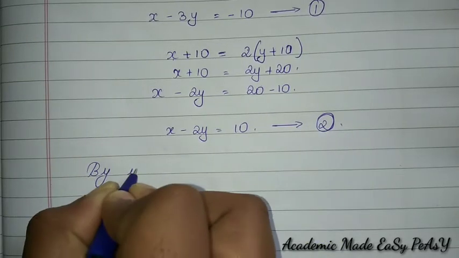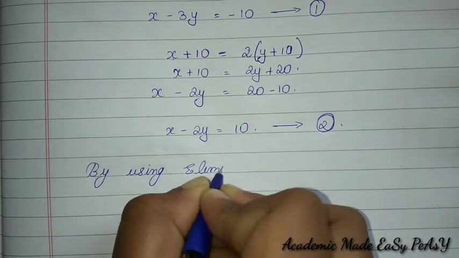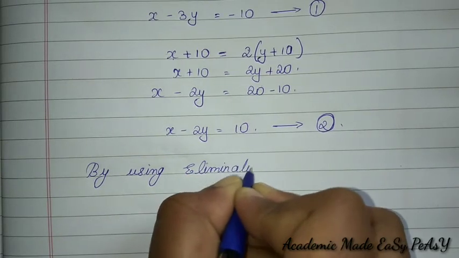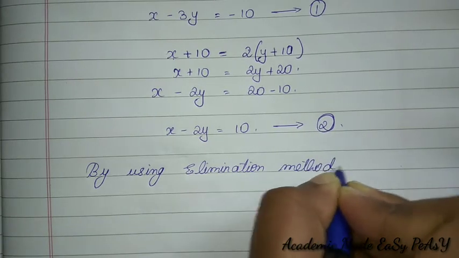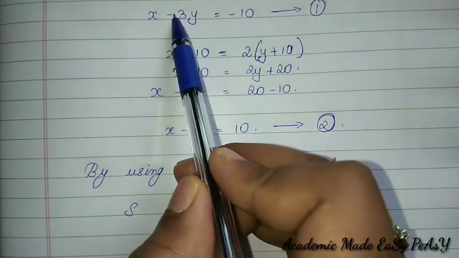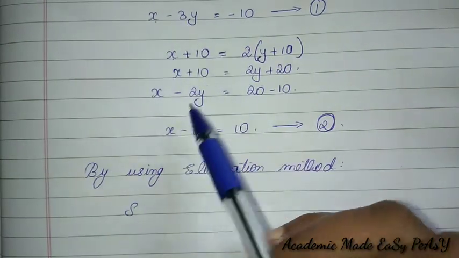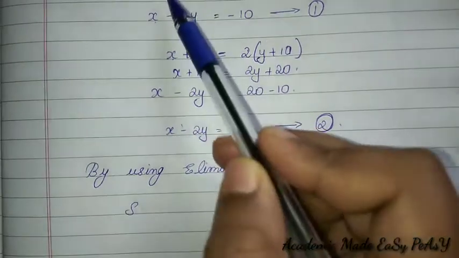By using the elimination method, see here, if I check the coefficient of x in the first equation and second equation, it is the same. So I can just cancel these two.